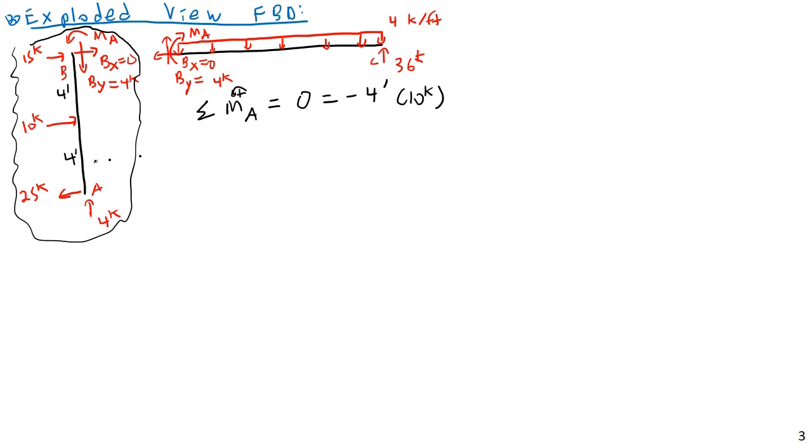And then minus 8 feet times 15 kips. Minus MB. Oh, actually, sorry, this should be MB, not MA. Minus MB here is equal to 0.